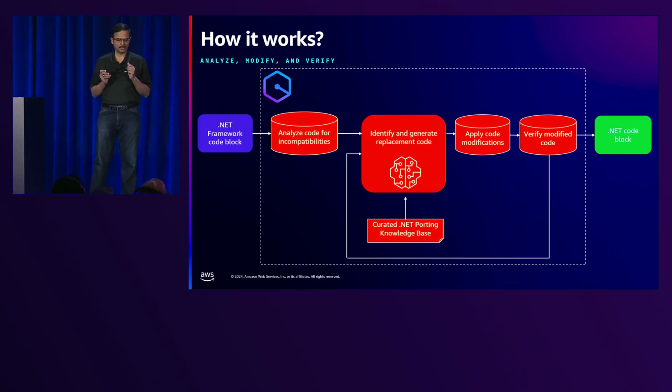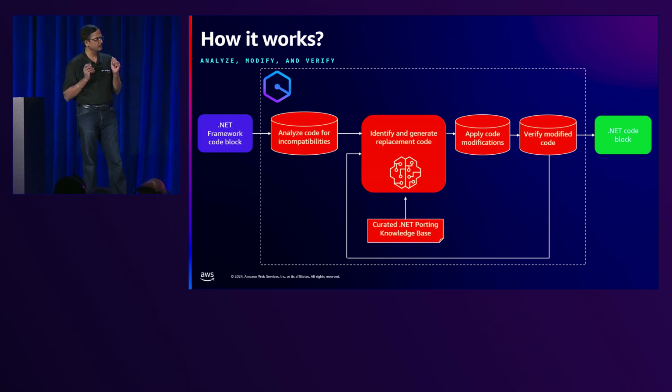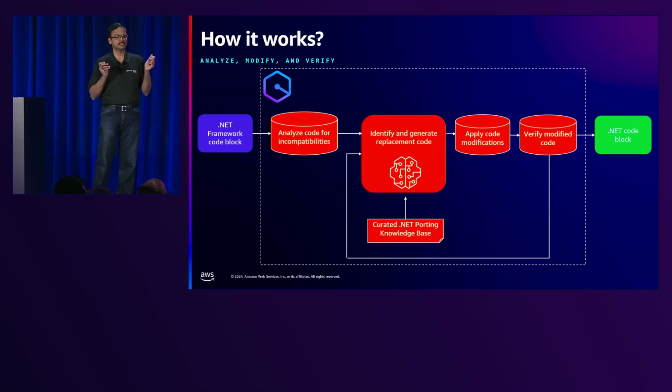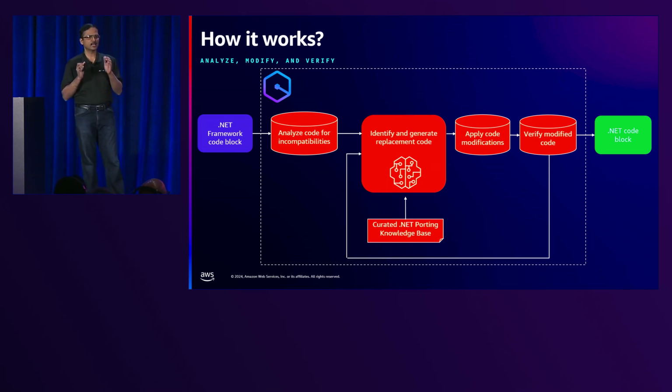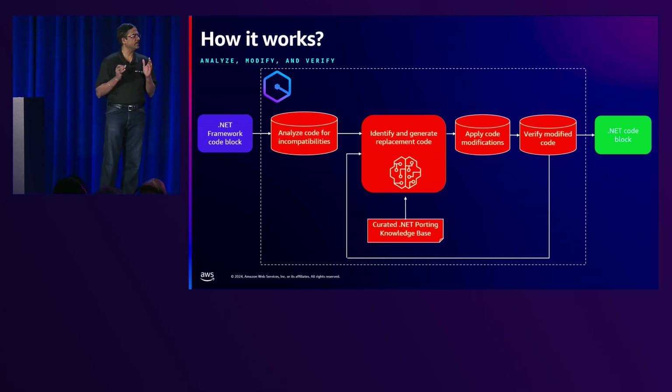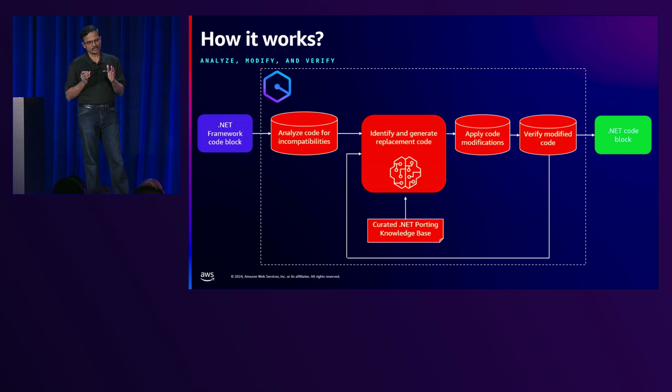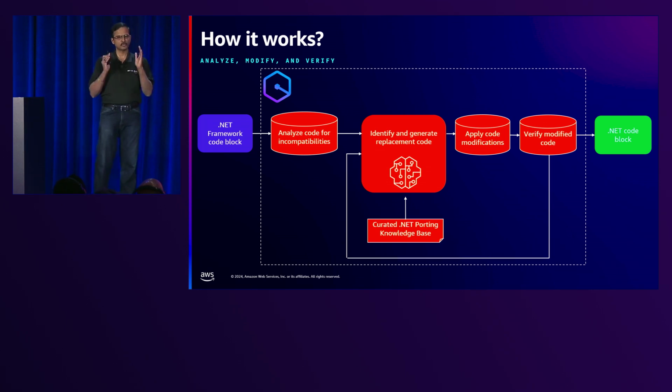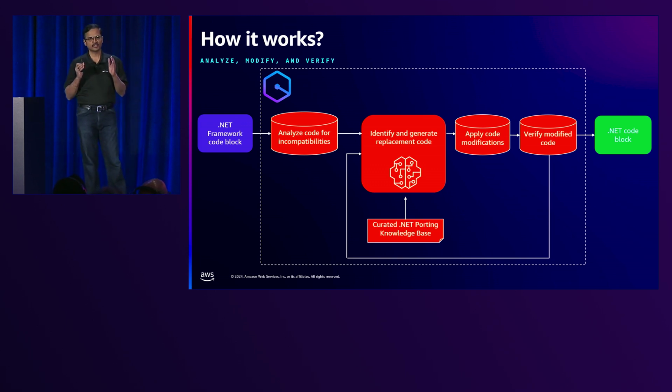So what is an incompatibility? An incompatibility refers to one or more lines of code which do not work as is in the newer versions of .NET. Q identifies and generates replacement code for it to work in new versions of .NET. By using a curated .NET porting knowledge base, it is able to generate a new version of code, and then it can apply these code modifications.